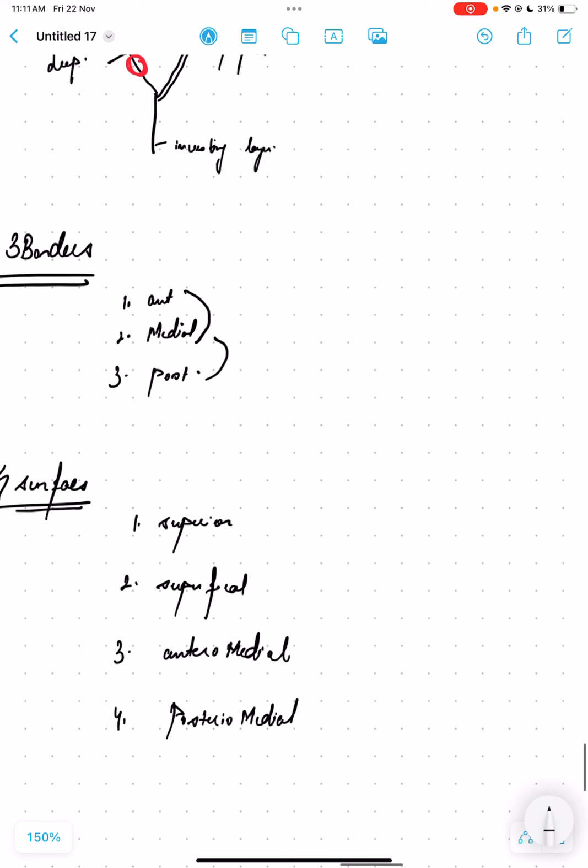I'm telling all of you in brief, so you have to study your textbook for a detailed description.